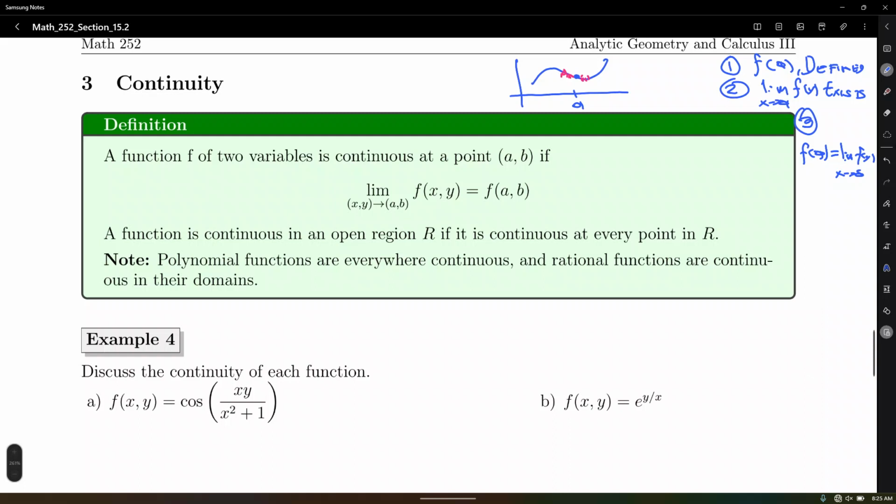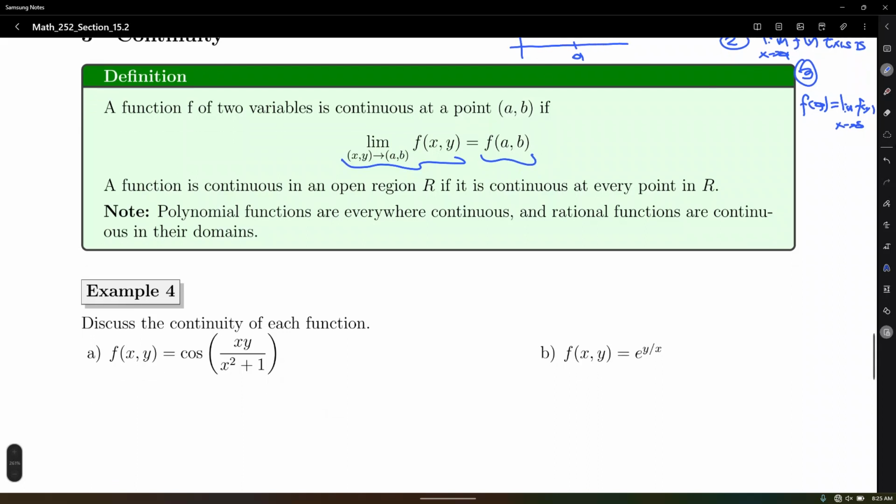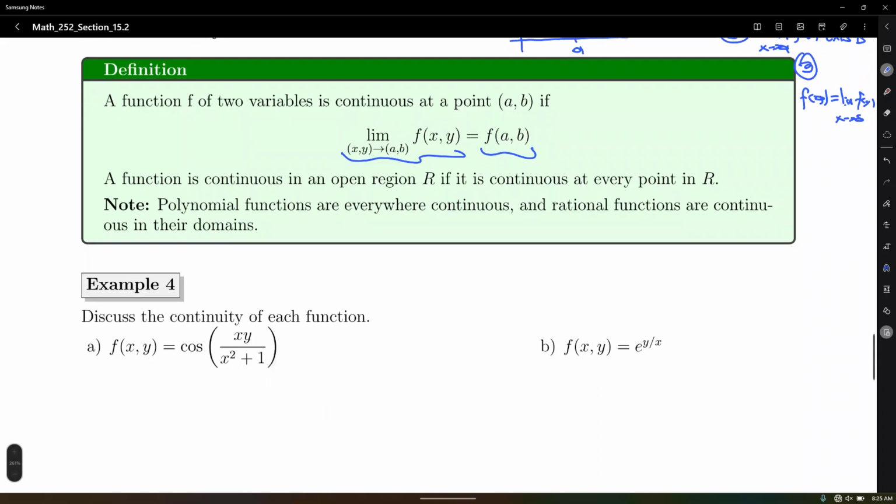But what are we going to do? Just add one more variable, or two or three, and the idea is going to be the same. You need to make sure that for a function of two variables, the limit is equal to the value of the function. In general, continuity is about finding the domain again, because a function is continuous in its domain.